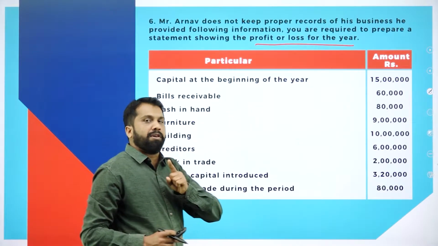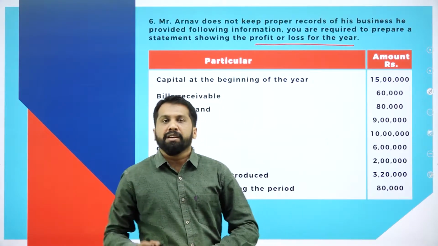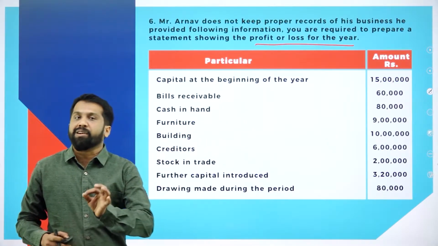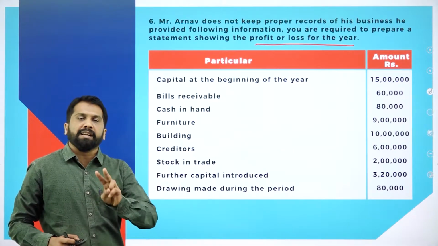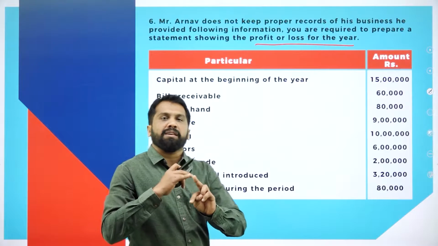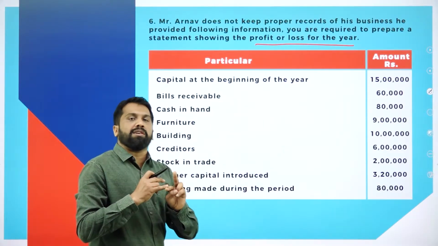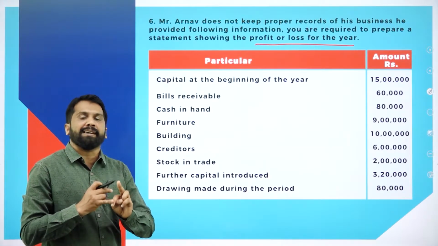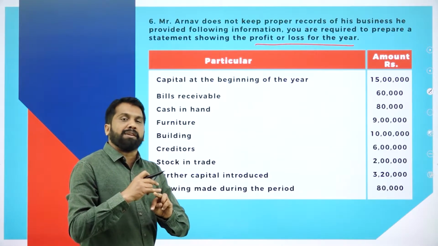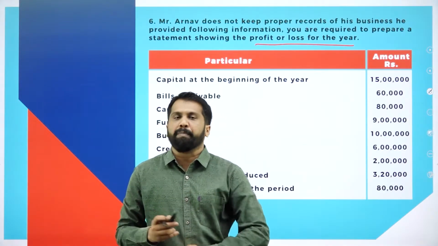Now, if you want to find out closing capital, what should you do? Yes, you should prepare a statement of affairs. There are two statements. One is the profit and loss account. The other one is the statement of affairs. In profit and loss account, you will find net profit. In statement of affairs, you will find closing capital.